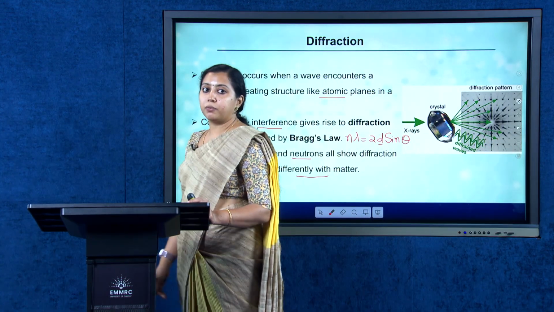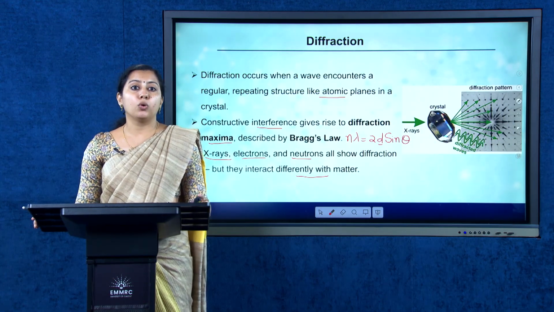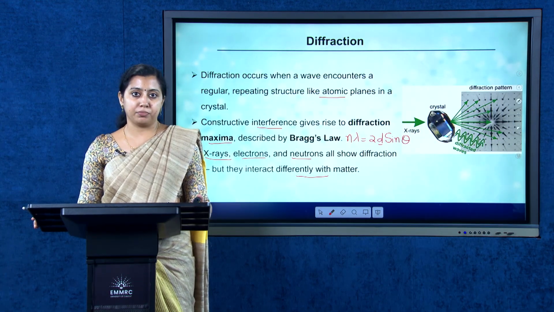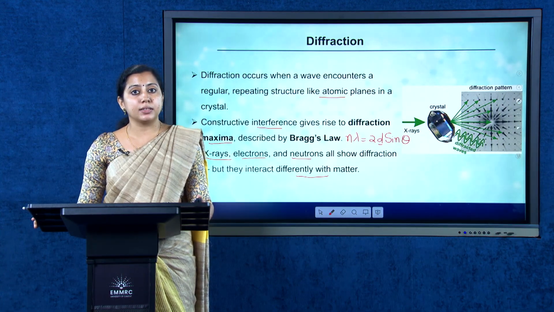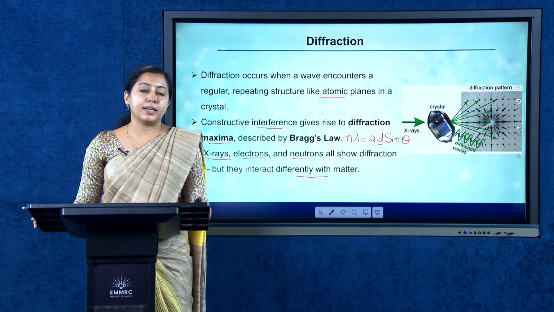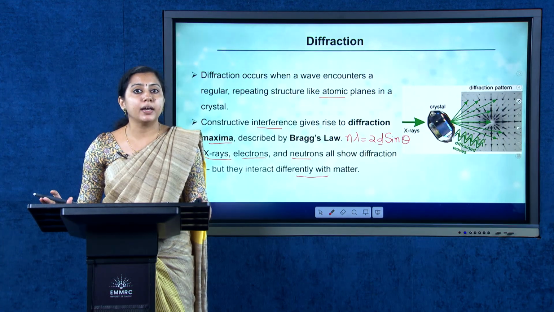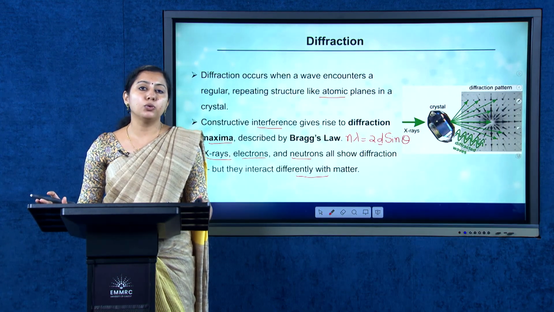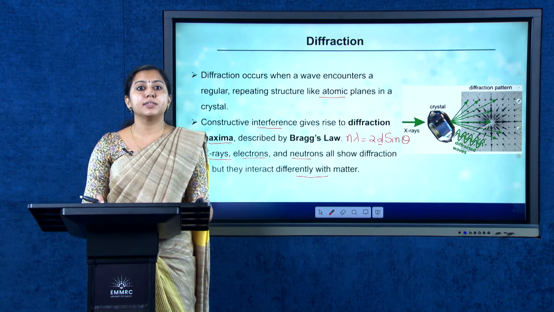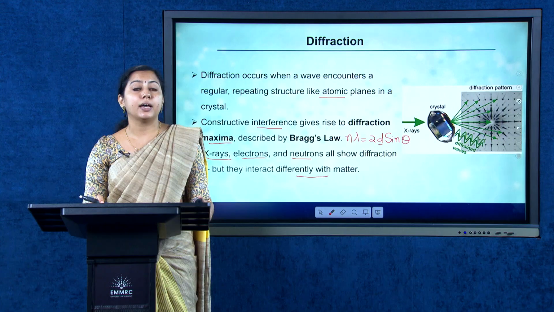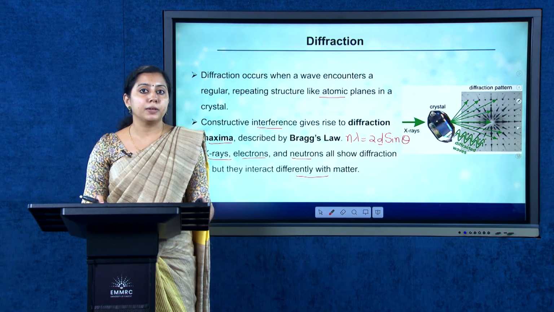In a similar way, electrons and neutrons also show diffraction, or in other words, crystals can also act as diffraction gratings for electrons and neutrons, similar to that for X-rays. But the only difference is that electrons and neutrons interact differently with matter.